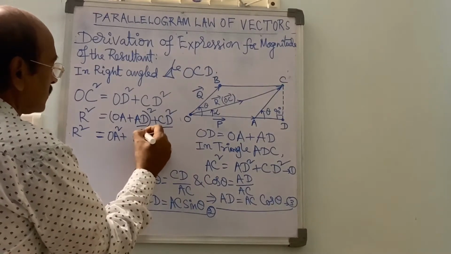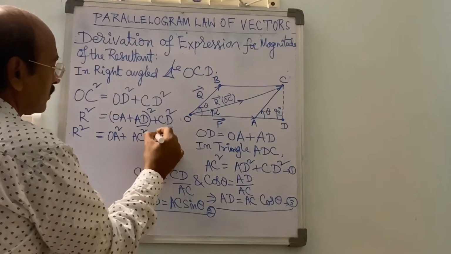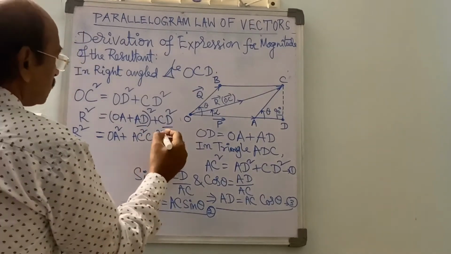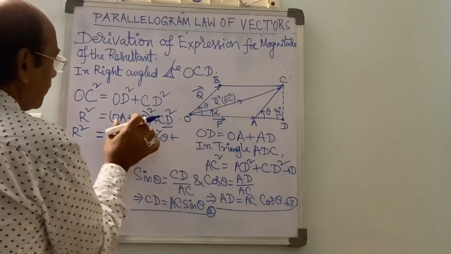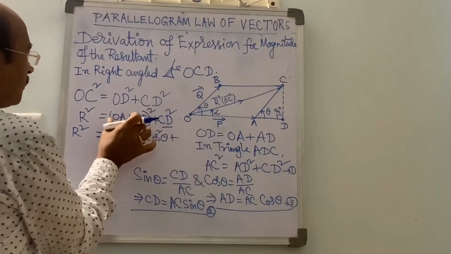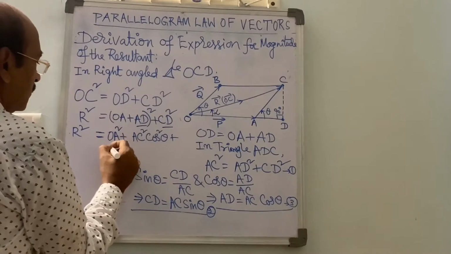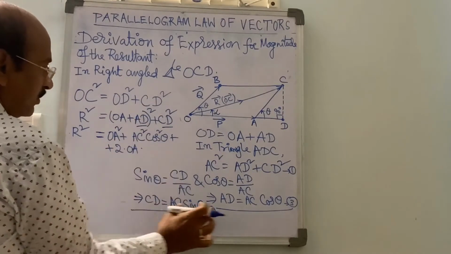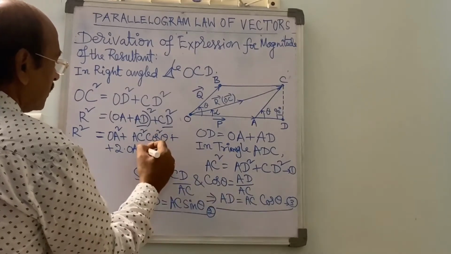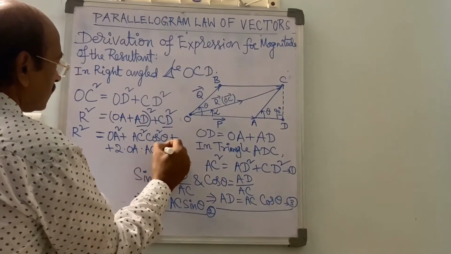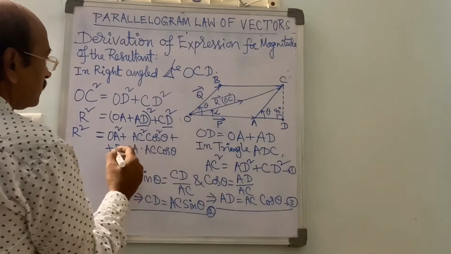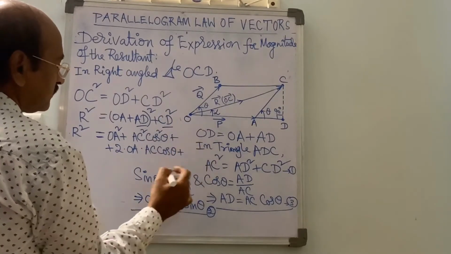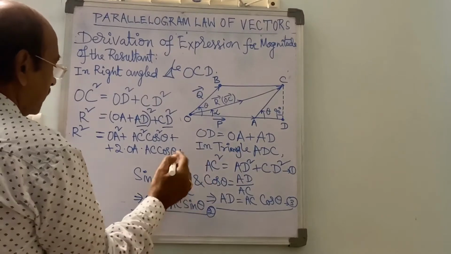That is OA square plus AC square cos square theta plus 2 into OA into AD, as in the A plus B whole square type, where AD value is AC cos theta, plus CD square. Here CD means AC sin theta.